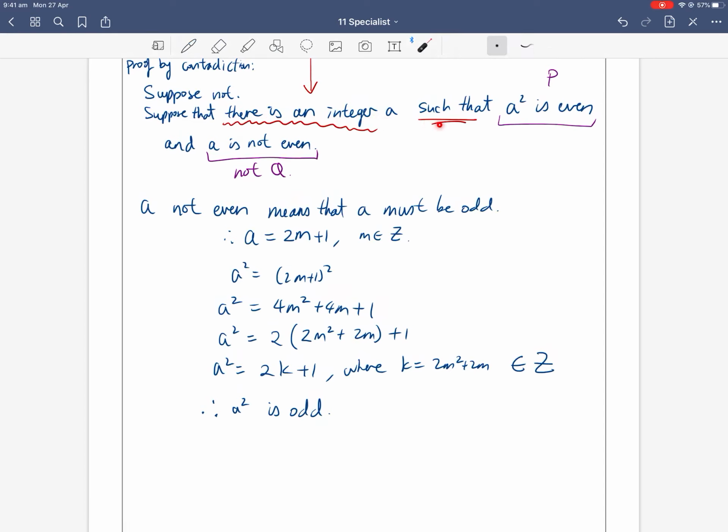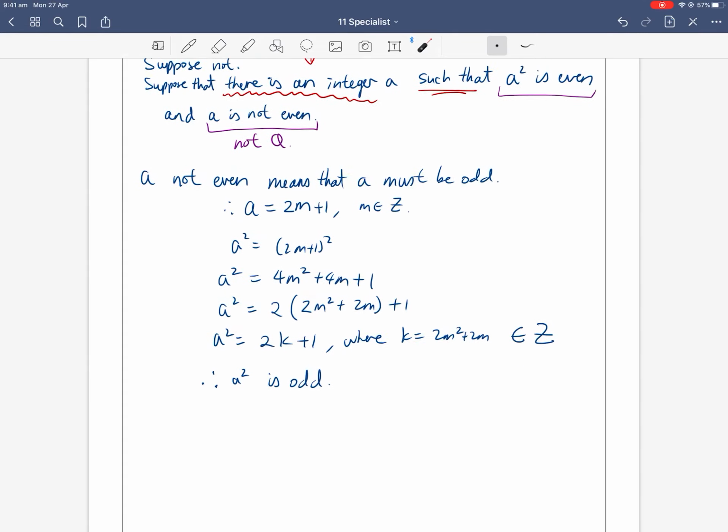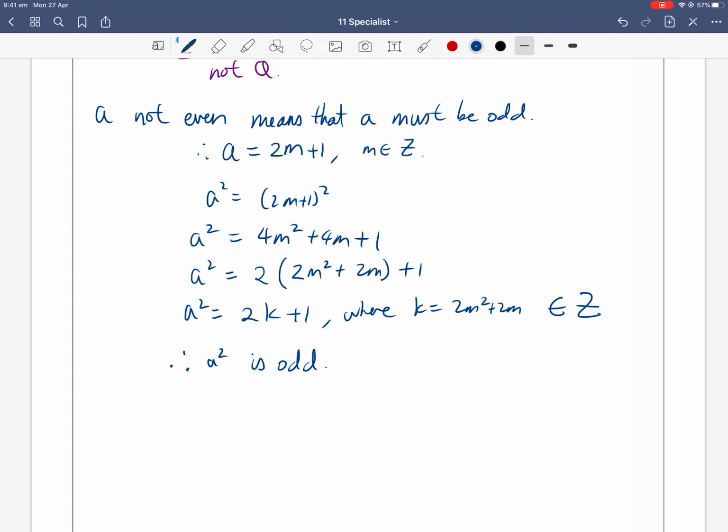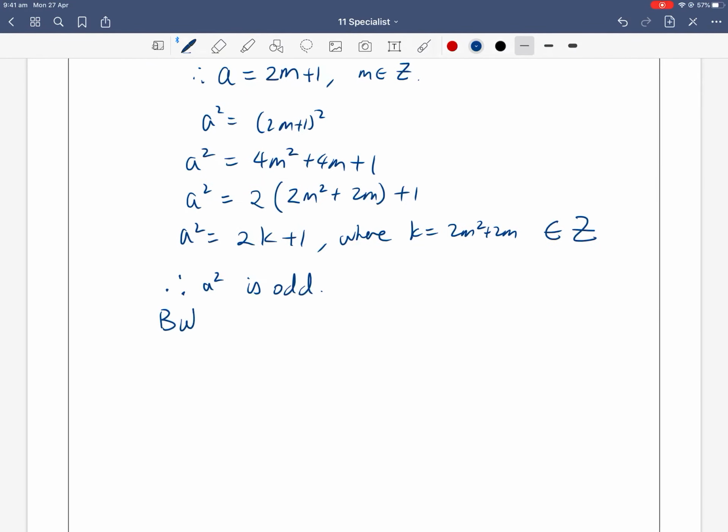But here we said suppose that there is an integer a such that a squared is even and a is not even. We worked with the a is not even part and we showed that, hey, look, a squared is odd. But this is not good because we're saying suppose a squared is even and then we're showing that a squared is odd. So that's a contradiction because a number can't be both even and odd.